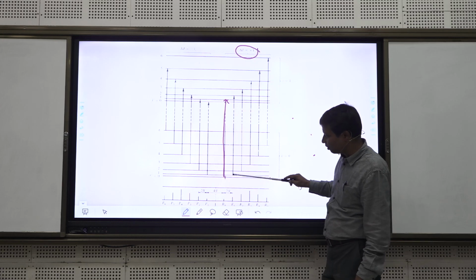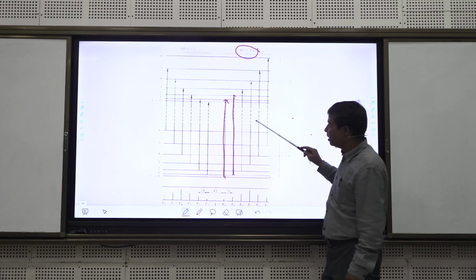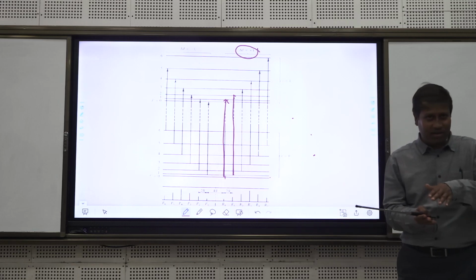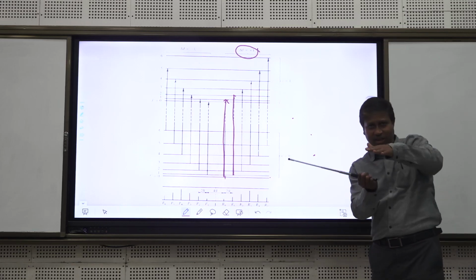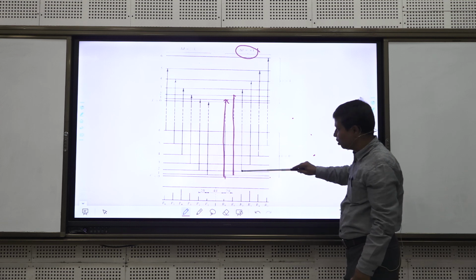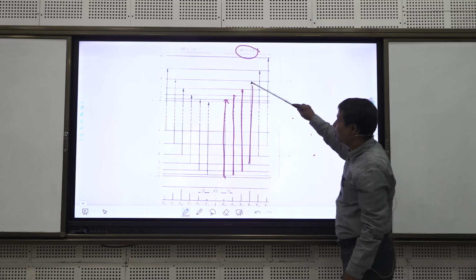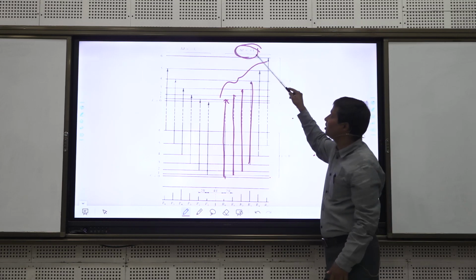Next, we start from J equals 1, so we will go to J equals 2. The dotted line means it is not to scale; it can be this wide apart or small. That is why it is a dotted line. The next one is J equals 2 to J equals 3, and so on. So these transitions follow delta J plus 1.